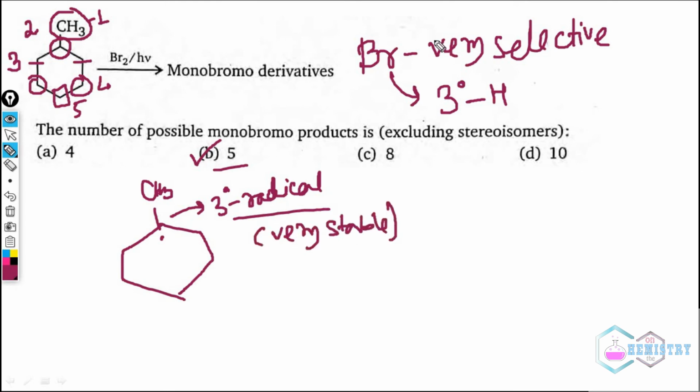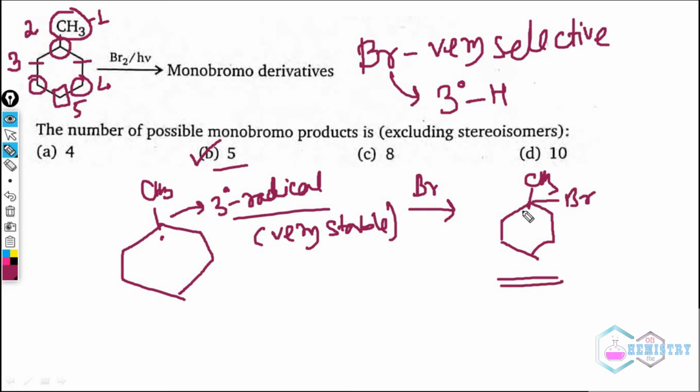So bromine preferably reacts with a 3-degree hydrogen. So if it was asked which one of these 5 monobromo derivatives will be the major product, it will be the one where the bromine replaces the 3-degree hydrogen. Okay, this was some extra information, but our answer is option B here, as there will be 5 monobromo derivatives.